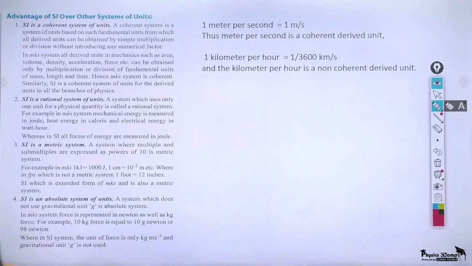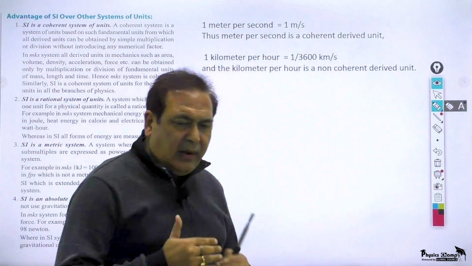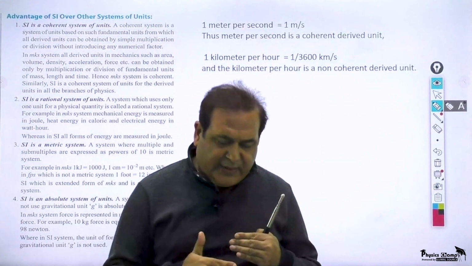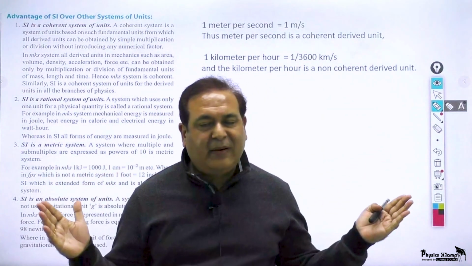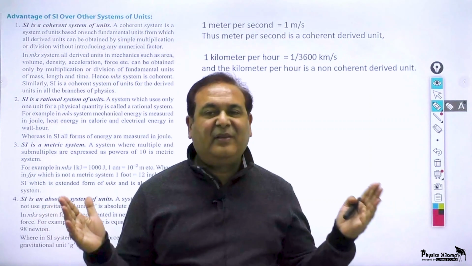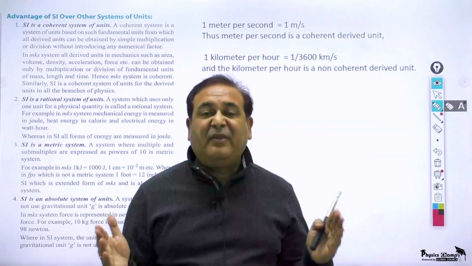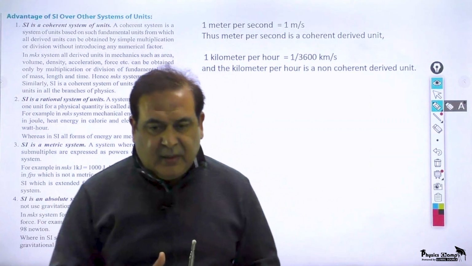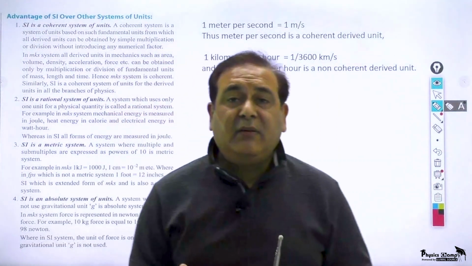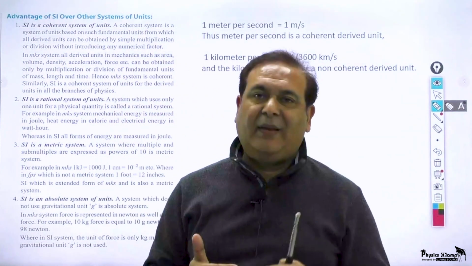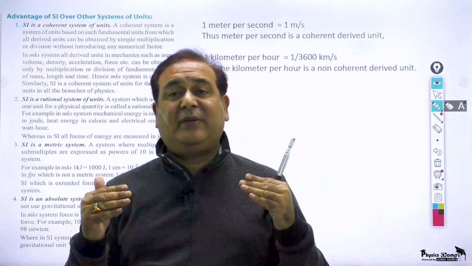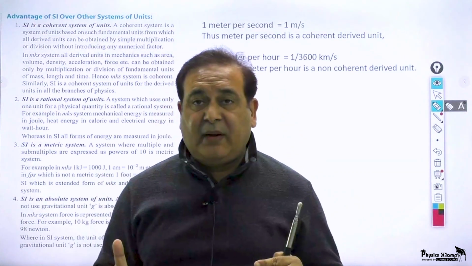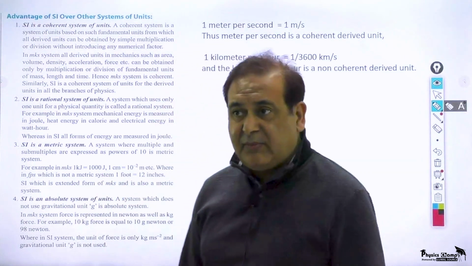So children, now we are clear that SI is finally used and accepted internationally as a system of unit, the best system of unit. What are the advantages of the SI system? One advantage we have understood is that it covers all branches of physics, with its 7 fundamental units and 2 supplementary units.